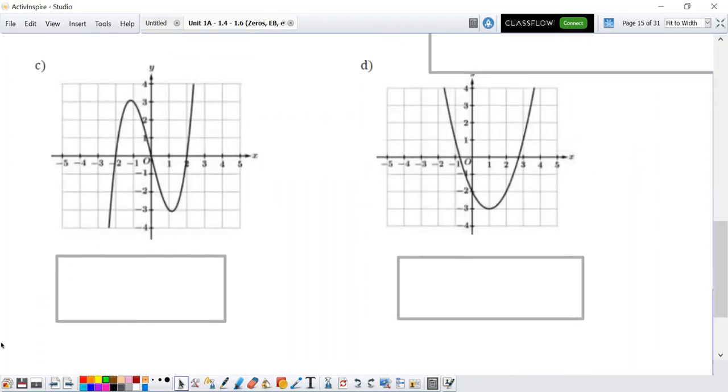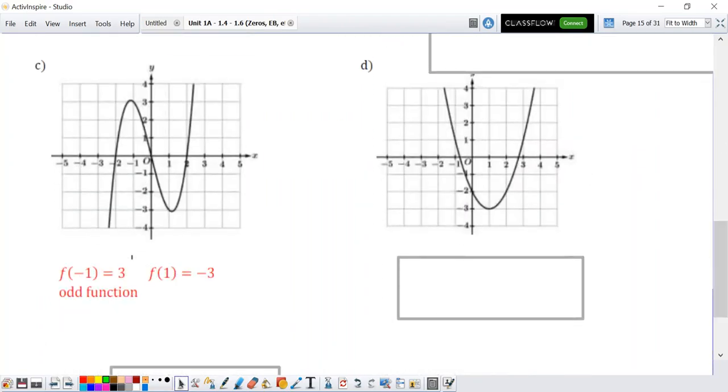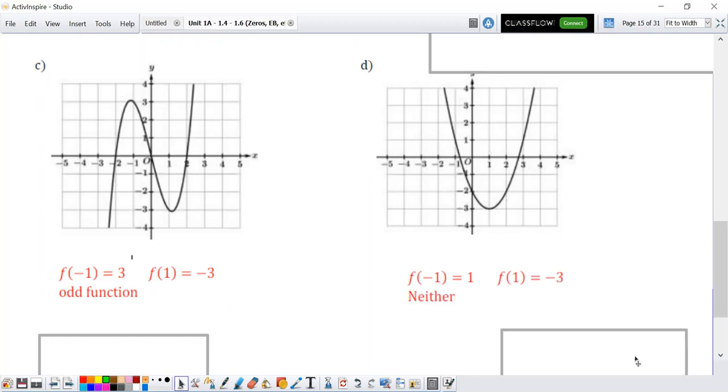Now from the graph, again, it's easier to see. This is an odd function because you have matching values, let's say here, 2 and negative 2, matching. That's why it's clearly odd, or you can show the values. Let's talk about parabolas. If it is a normal parent function parabola, it is always even, but this is a shifted parabola.